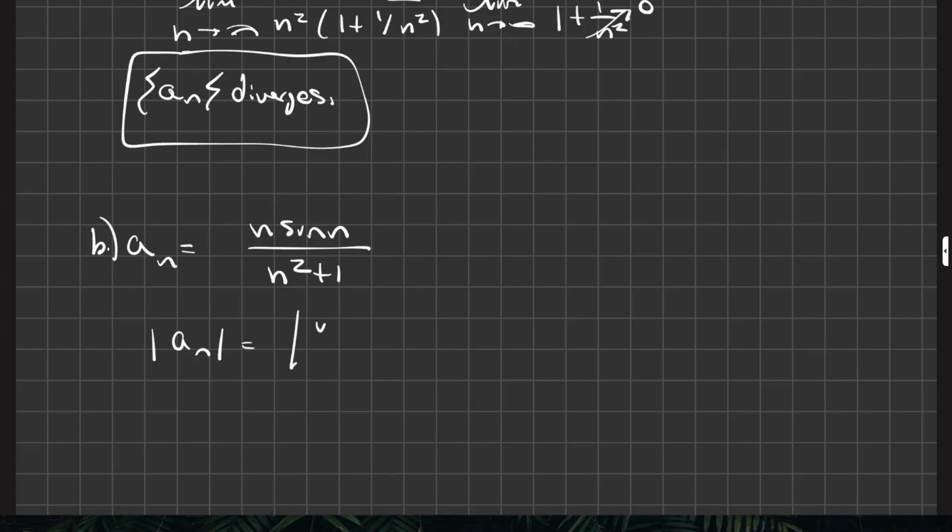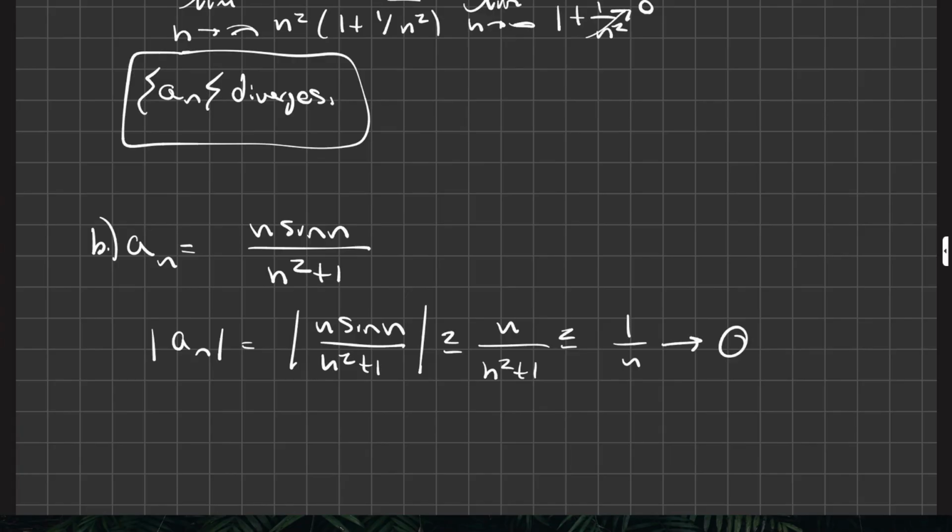So we'd have n sine n over n squared plus 1 would be less than or equal to n over n squared plus 1, if we just ignore the sine value. And then this would in turn be less than 1 over n if we somehow extracted a 1 over n from this n over n squared plus 1 term. And as n goes to infinity, these terms go to 0. So a sub n would go to 0 as well.